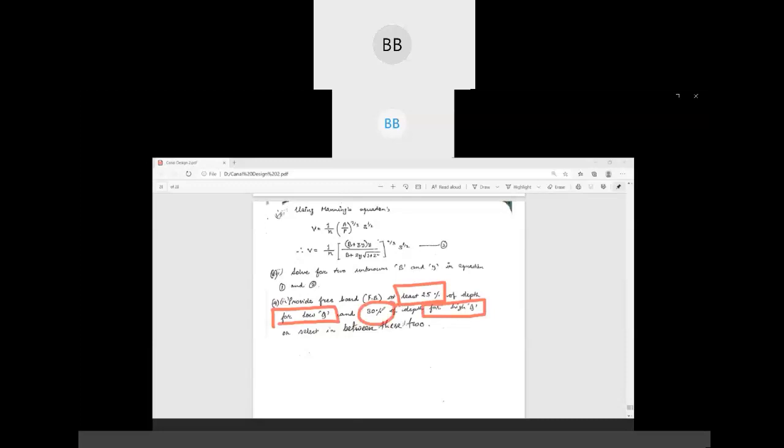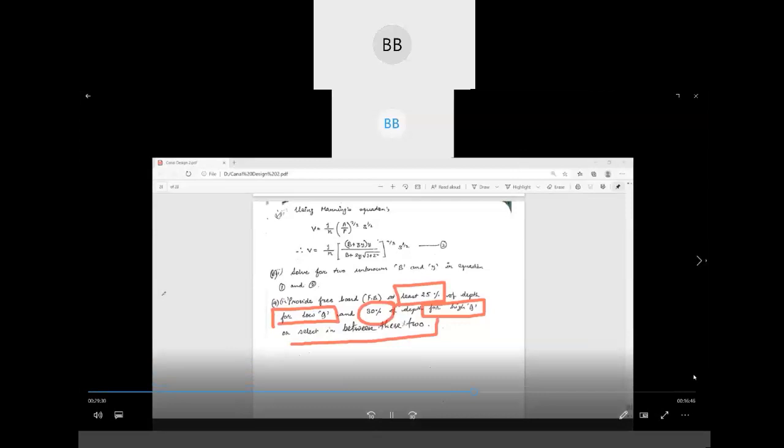Or there is another option: if we are not sure whether the discharge will be high or low, then we can select a percentage between these two, 25 and 30. So these are the steps for permissible velocity. We are going to solve one numerical related to this.